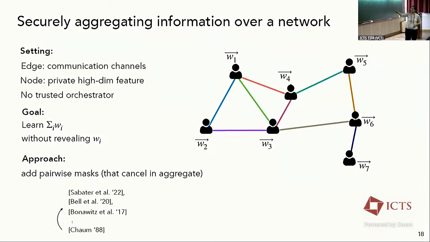So this was something that was well studied long back. There were several innovations over the last decade when people looked at situations where these weights could be really high dimensional, such as when you're training neural networks and you have gradients. The other thing is there could be lots of nodes and devices that come and go, and they could drop out.